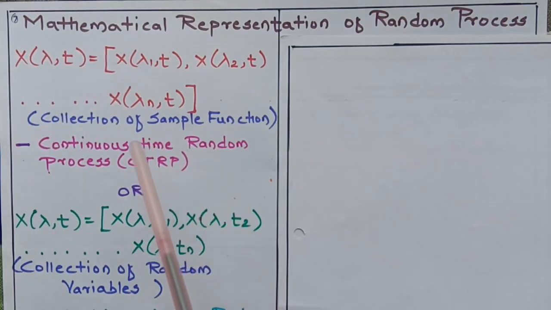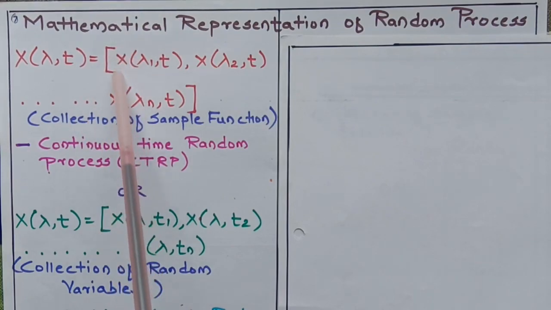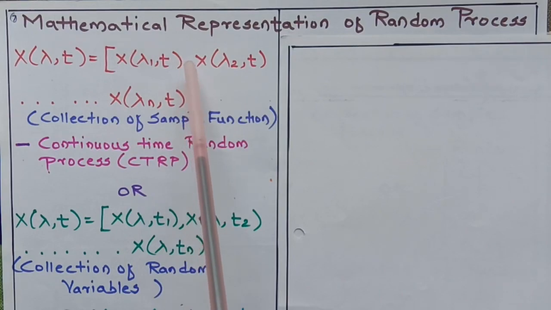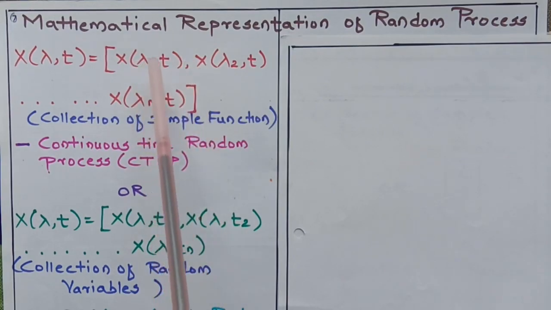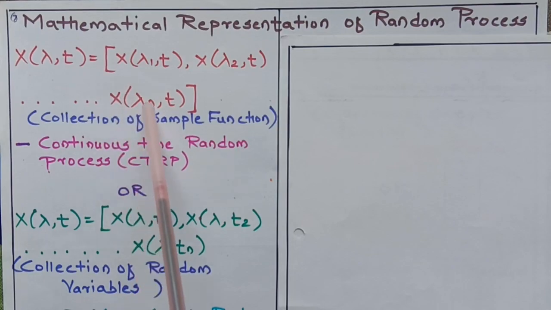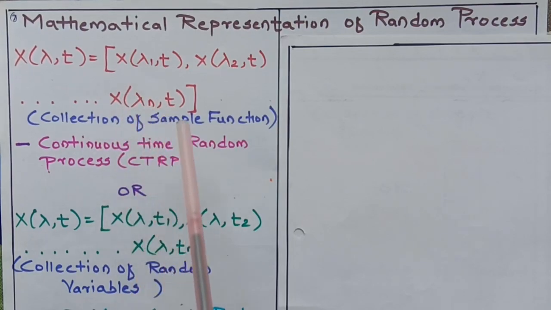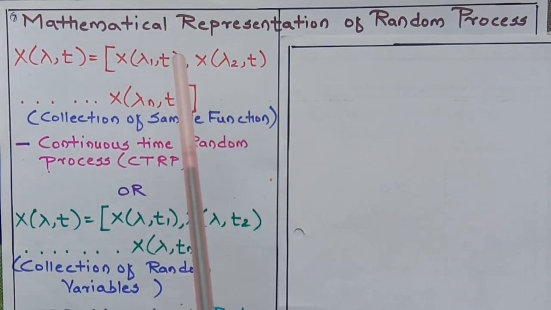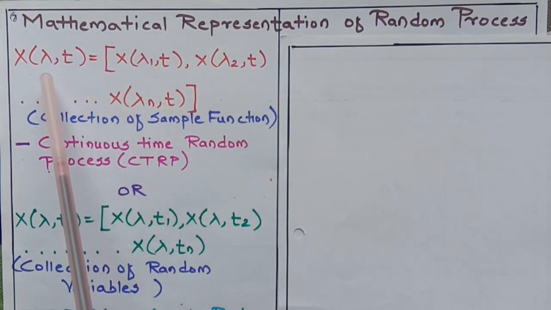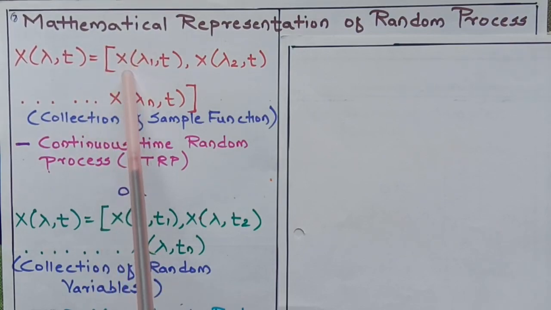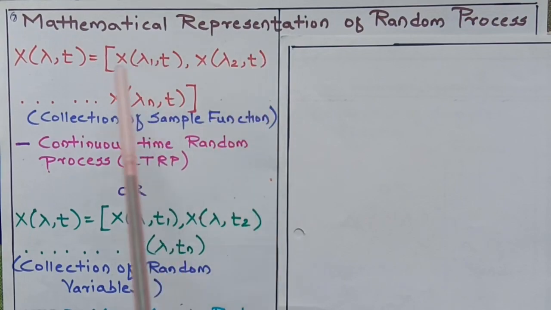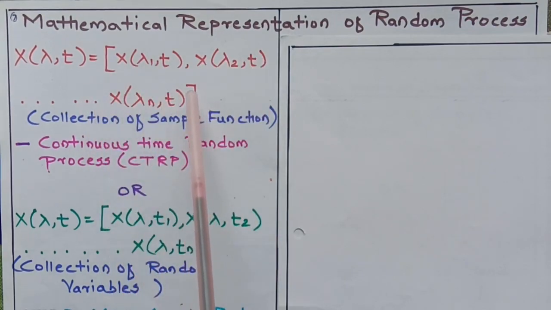So we can define it as x of lambda 1 comma t, as we have seen on this waveform, where lambda 1, lambda 2 up to lambda n represent different random variables, and t is the time instant. So in mathematical form the random process is x of lambda 1 comma t, x of lambda 2 comma t, x of lambda 3 comma t, and so on up to n.